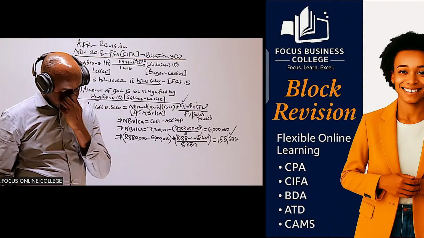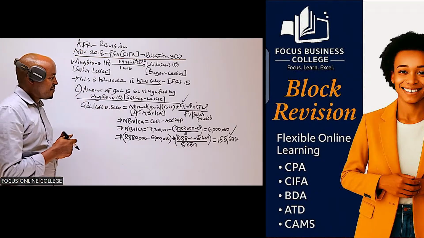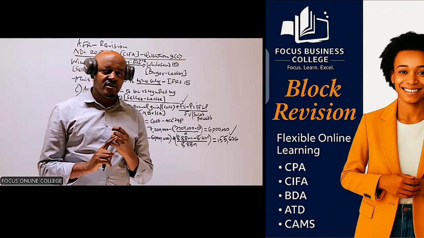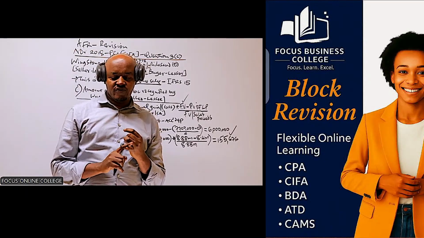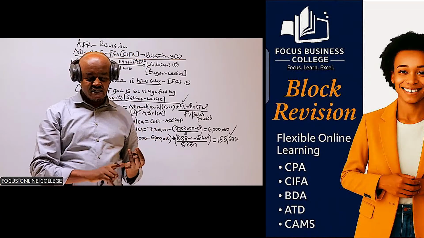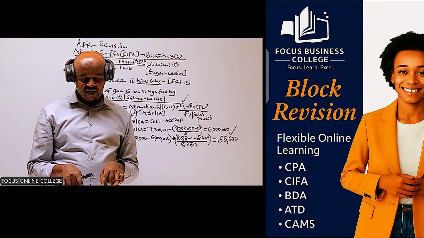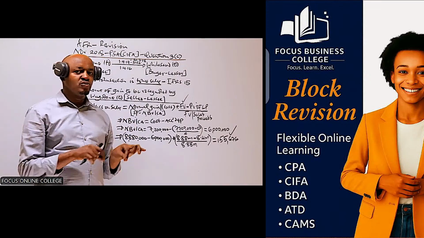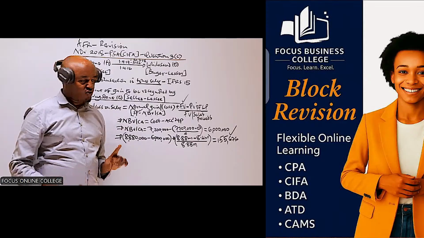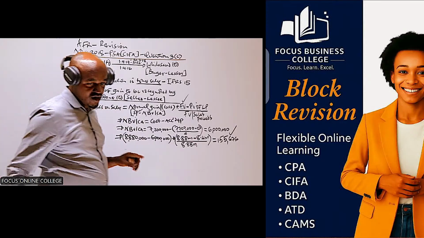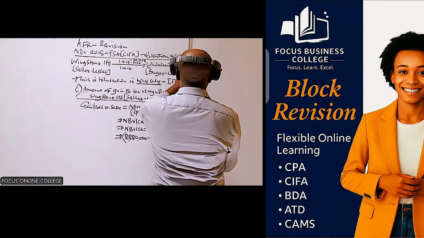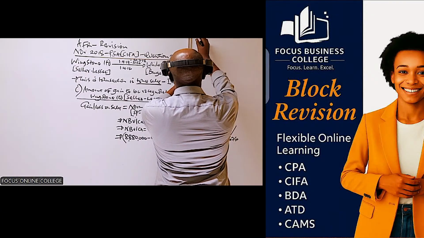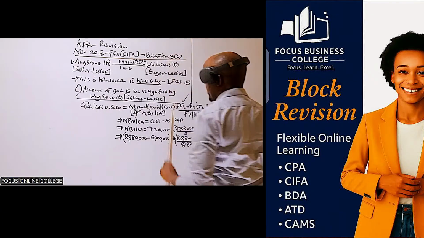Now, even before you do that, the first thing we need to do here is to compute, one, the right of use asset. We depreciate that. And number two, we already have the lease liability, so what we will do is just prepare the amortization schedule. Let's do this first of all. We compute the amount of the right of use asset. What will be the value of the right of use asset?